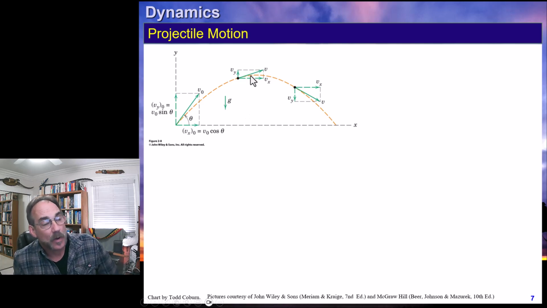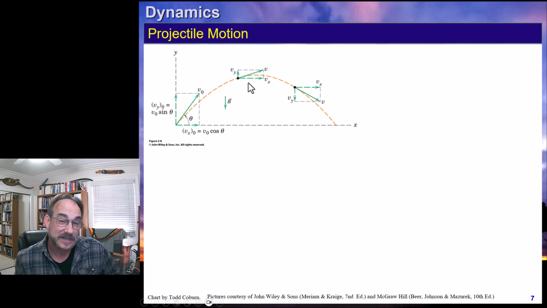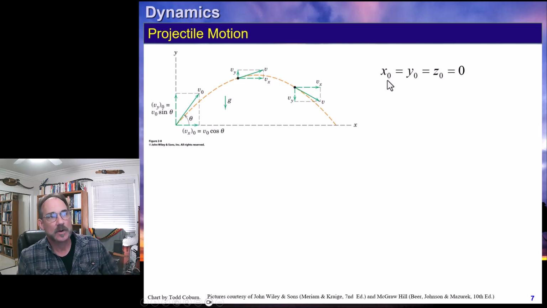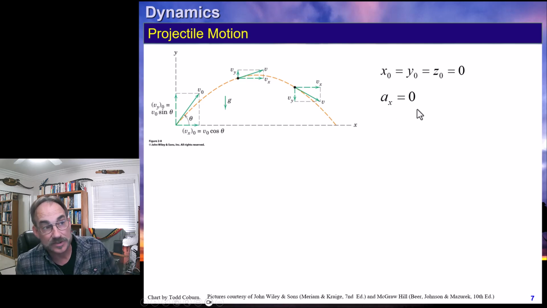At any particular point, we could calculate what the position is using those equations. We could calculate what the velocity is using those equations. We could calculate what the acceleration is using those equations. Okay? So our initial position is 0. Our velocity in the x is also 0.